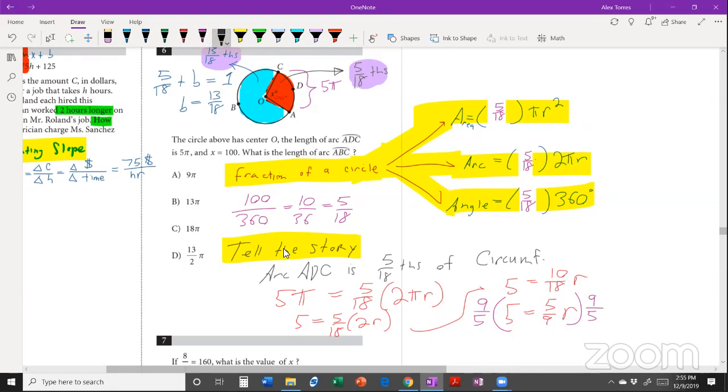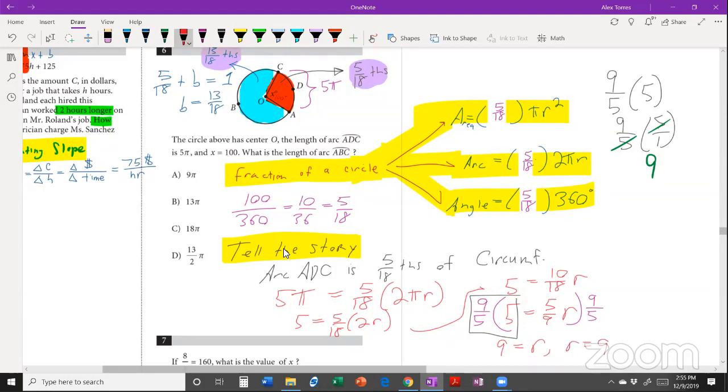And when you multiply right here, a lot of people wouldn't know what that is. Well, 9/5 times 5 is the same as 9/5 times 5/1. And if you think of it that way, you have a 5 on the top and on the bottom that cancel with each other, and the answer is simply 9. So the right-hand side becomes 9, and the radius is now 9.